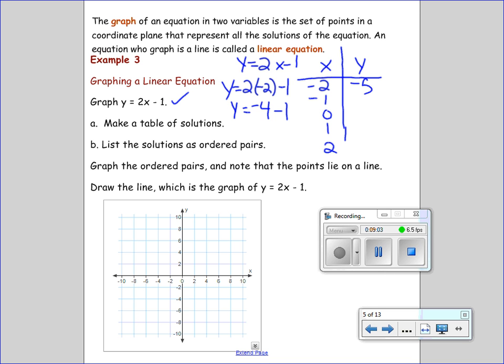So my y would be negative 5. Next, I will substitute negative 1. This will be negative 2 minus 1, which would be negative 3.